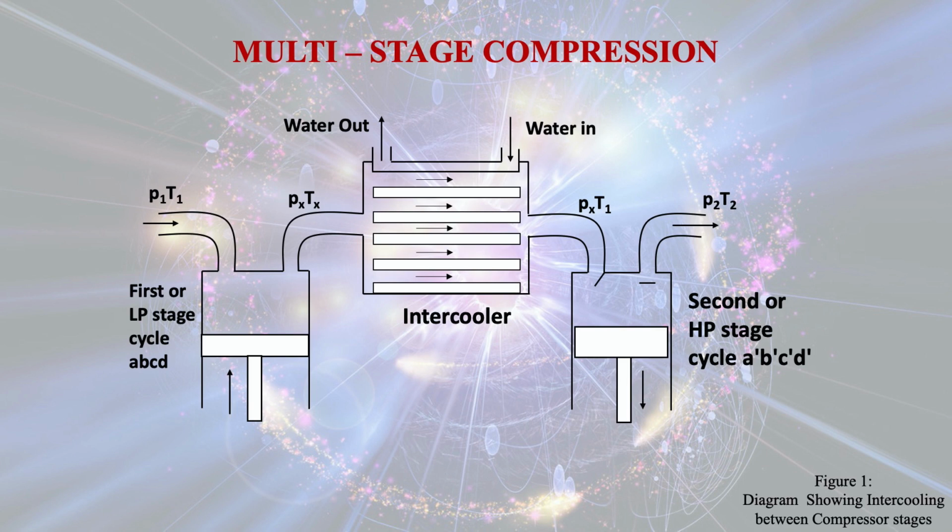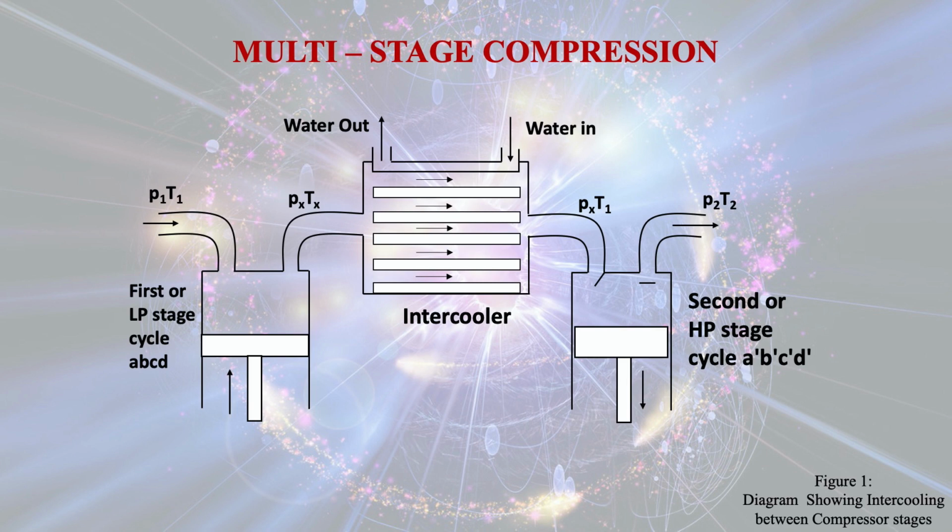Now it is passing through the intercooler. Intercooler is nothing but a heat exchanger where heat is being transferred from the high temperature air to the circulating cold water. After passing out from this intercooler, the pressure will be Px, but the temperature will come down from Tx to T1.